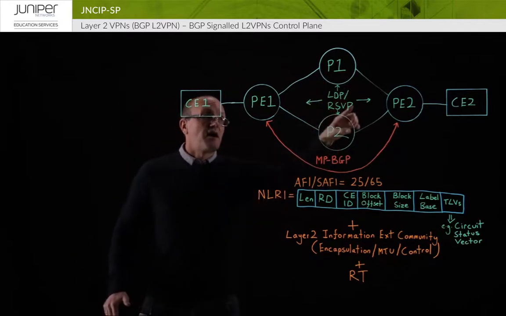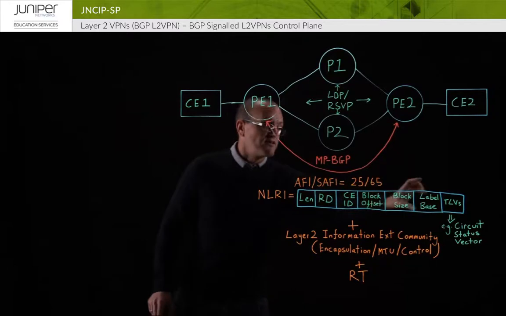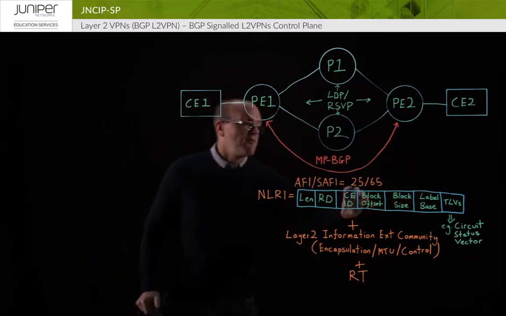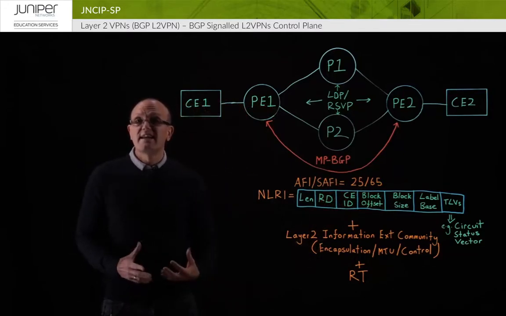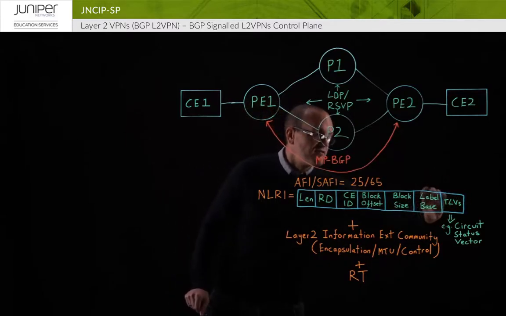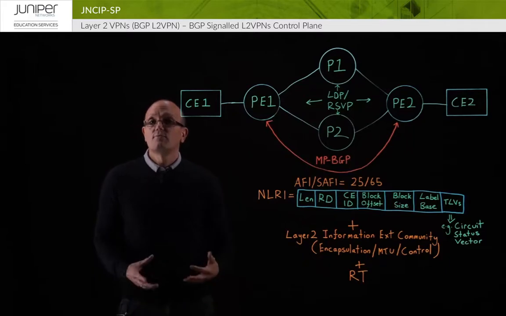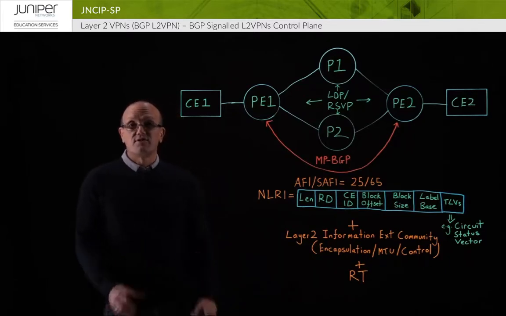Remember, LDP and RSVP will be signaling the outer label, and these values are referring to the inner label. We'll discuss how these values are used to generate that transmit and receive label in a later video. And then finally, we have additional optional TLVs, additional optional type length values, and we can encode additional information here.